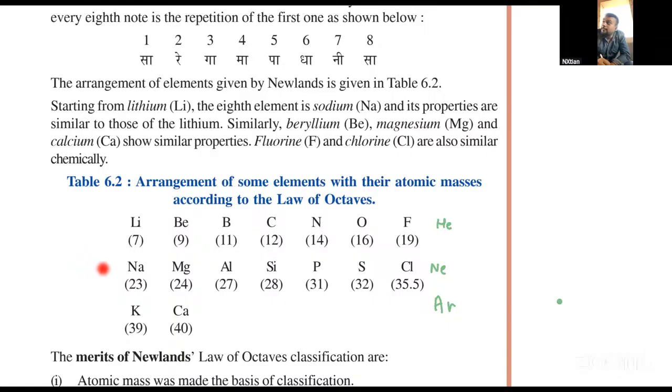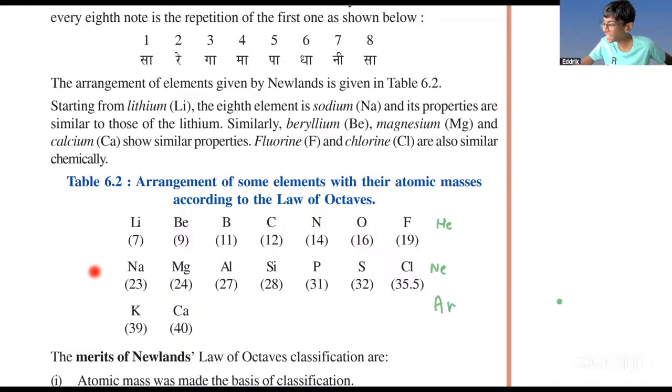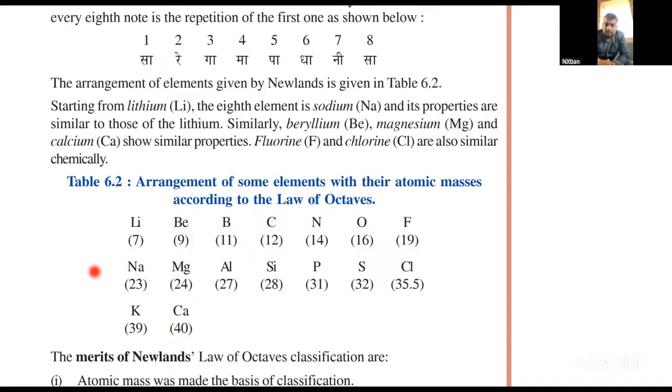So if it is like that, then the observation becomes wrong. Did you understand? Yes or no? Before 1898 or so, there were no noble gases. Because of that, this happened, and now it is going to be wrong. You are not able to get the answer. So that's why it got rejected. Did you understand, guys?